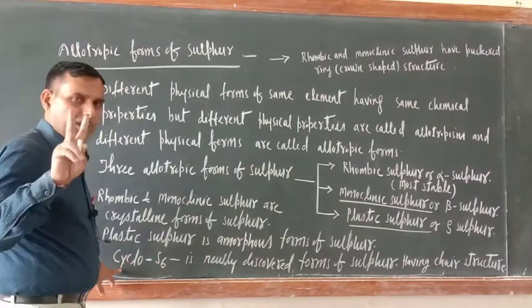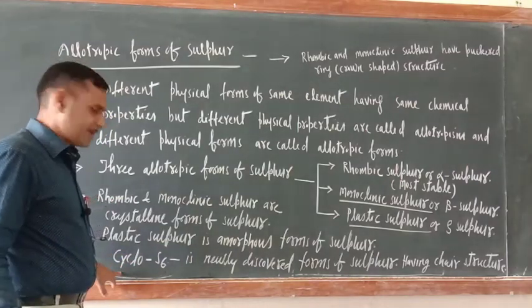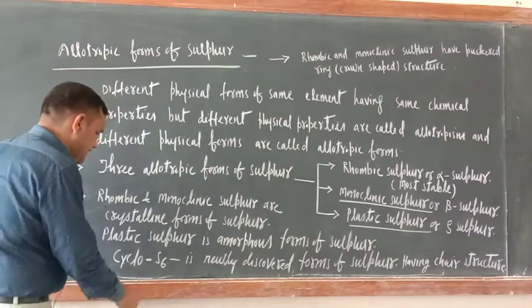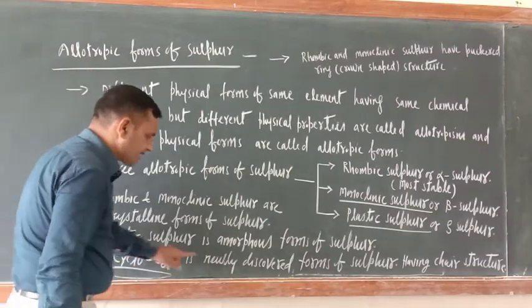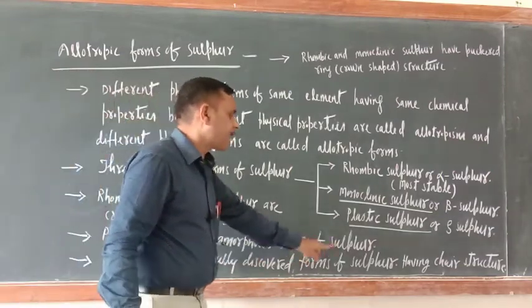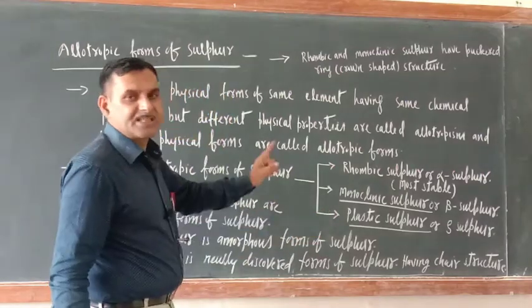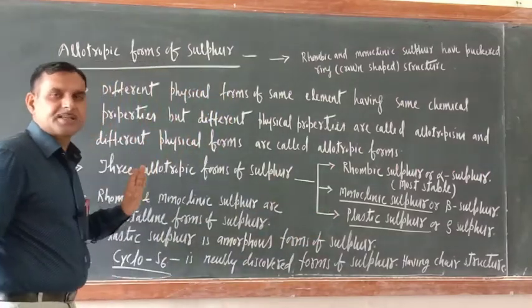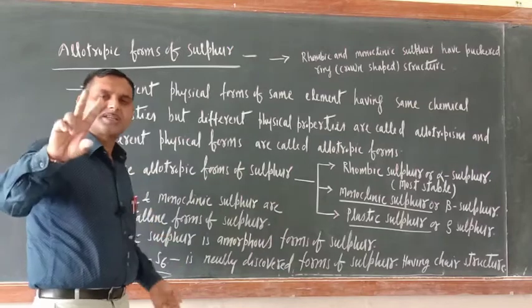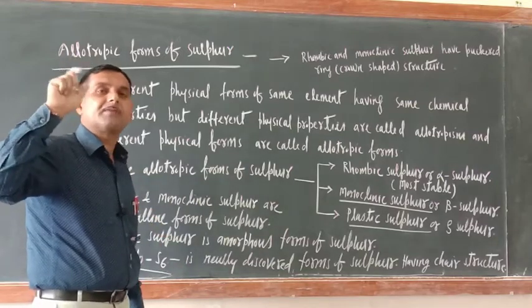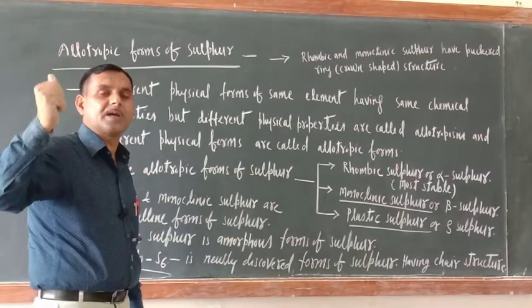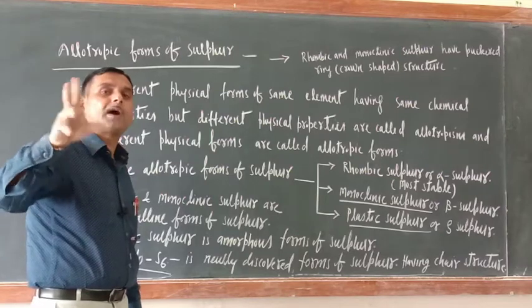There is one more newly discovered form of sulfur, known as cyclo S6. Cyclo S6 is a newly discovered form of sulfur having a chair structure. Last year when I was teaching you the conformations of cyclohexane, I taught you the boat form and chair form.